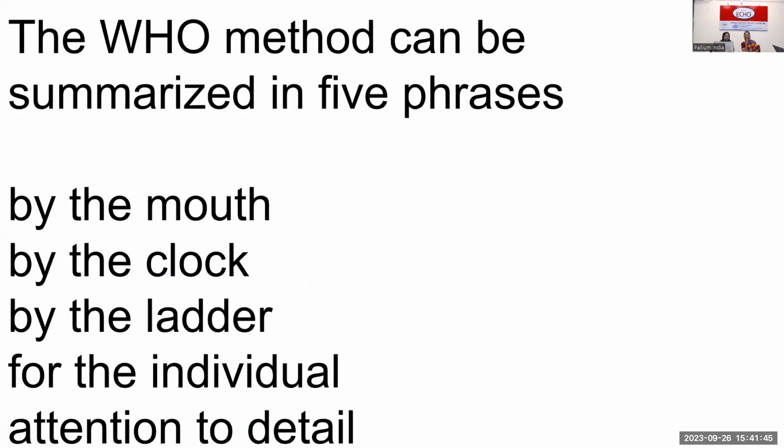Next slide. The important points about the WHO ladder are these 5 points. Every point has a reason why it is there. First, by the mouth, that means the oral route. Which is the easiest and simplest of all?